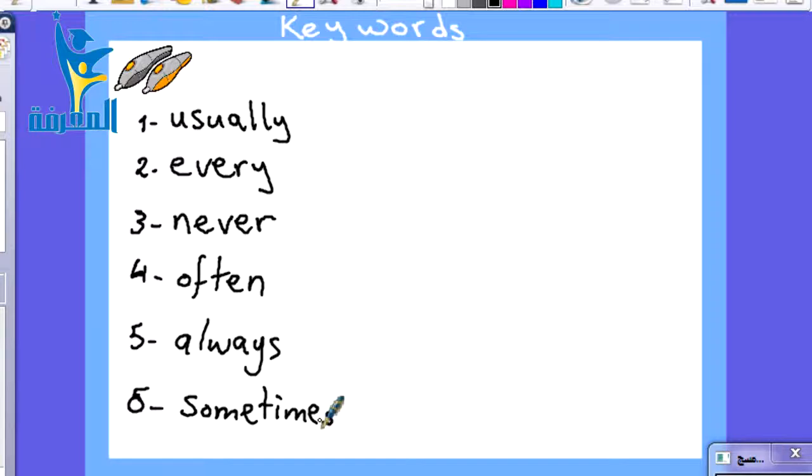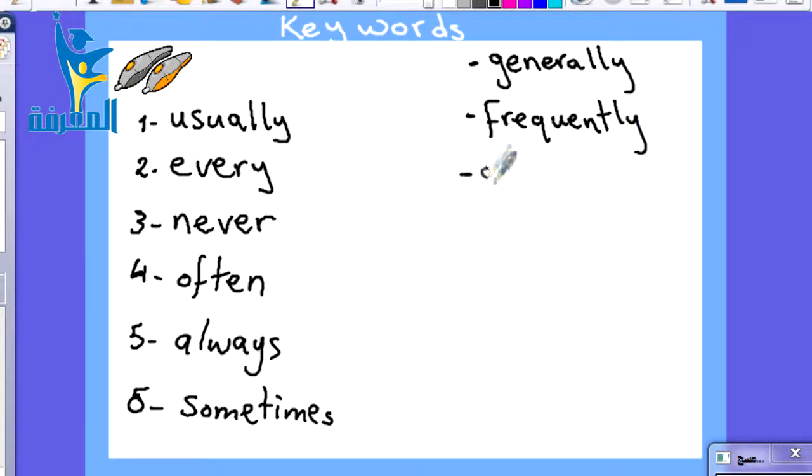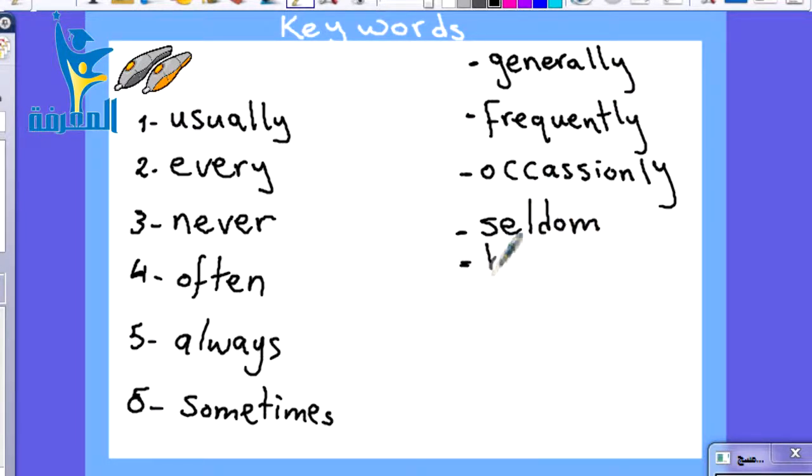We have subordinate words. Like what? Like generally, frequently, occasionally, and the negative words like seldom, hardly, scarcely, and rarely.